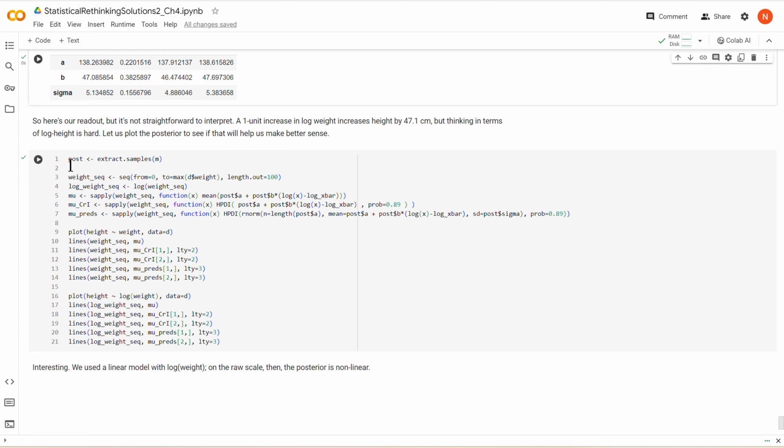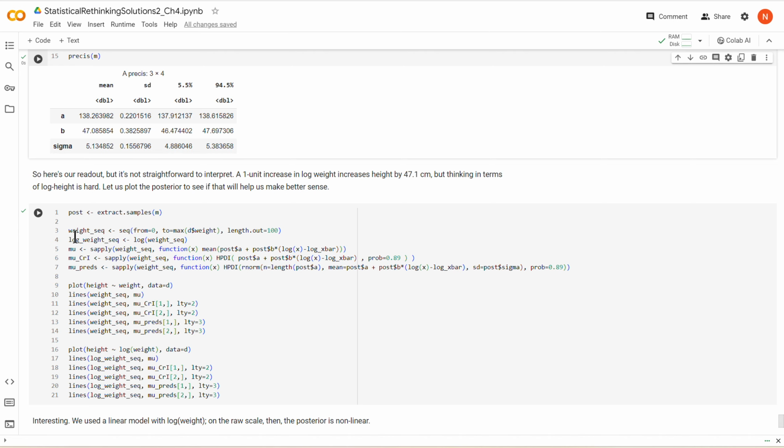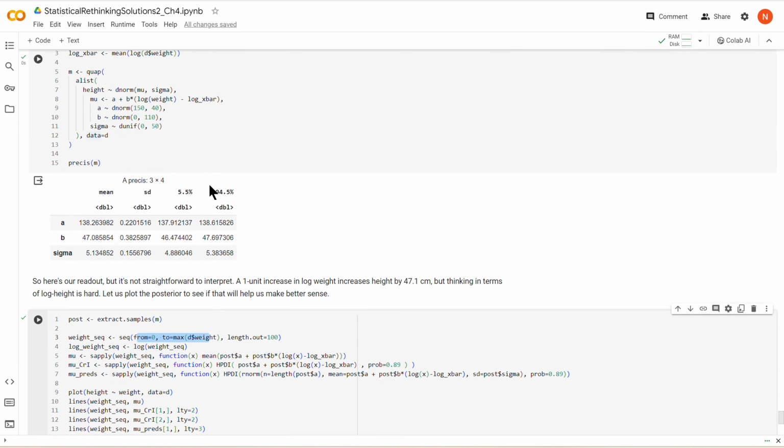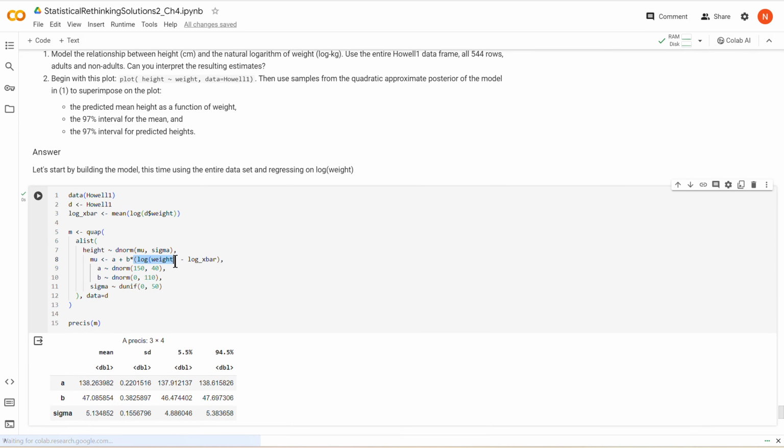This is code that I just copied from above. So I have weight seq, and you'll notice that this is just numbers, like we had above, that go from 0 to the max weight of our sample, even though our model was written in terms of log weights.